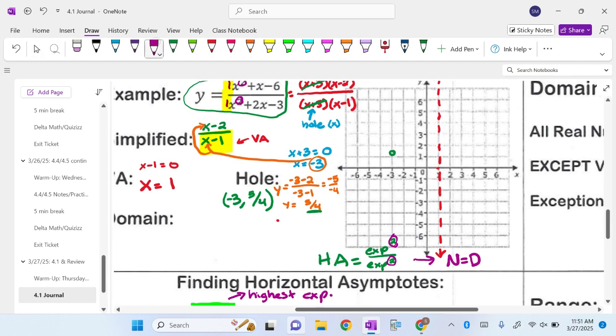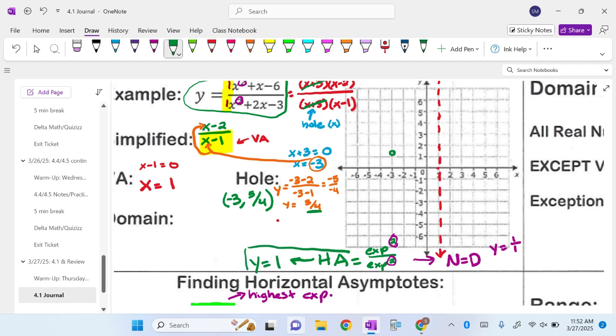So y is equal to 1 over 1, which means y equals 1. On the graph, I'll go to y equals 1 and draw a horizontal line. So it looks something like that. That's my horizontal asymptote, or HA, at y equals 1.